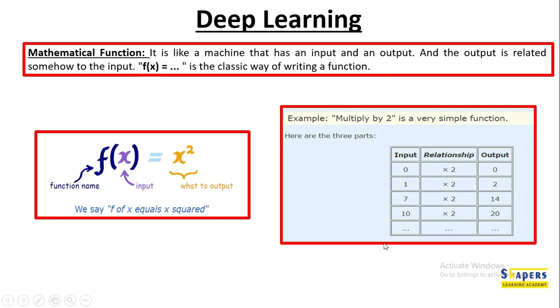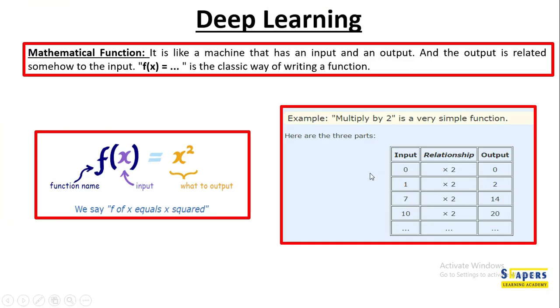So you have the table of number 2. The input 0 multiplied by 2 is 0. Here you have a data set of inputs and outputs. This input is related to this output in some way: it's a multiple of 2. Hence this becomes a function.